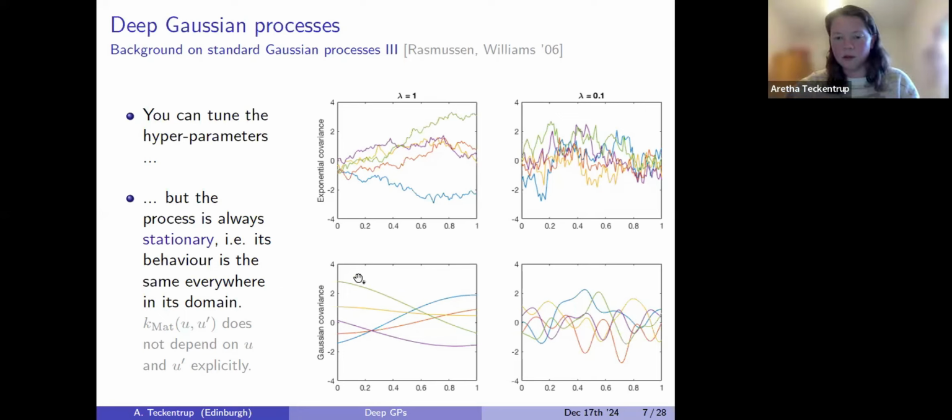If you look at these sample paths in the bottom left here, for example, and look at what the functions typically look like in the left hand of the domain and what they typically look like on the right hand side of the domain, that is exactly the same, right? So the behavior isn't different in different parts of the domain. And that's really one of the major drawbacks of this family.